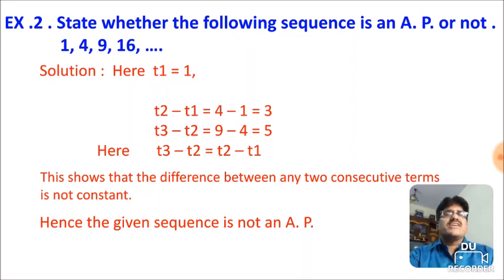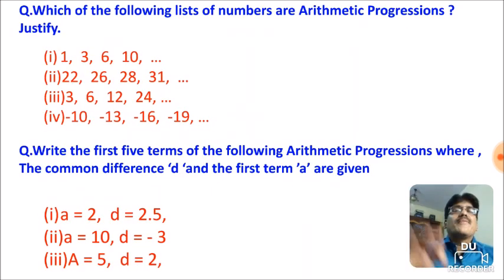Here T3 minus T2 is not equal to T2 minus T1. This shows that the difference between any two consecutive terms is not constant. Hence, the given sequence is not an arithmetic progression, students. Please note this.